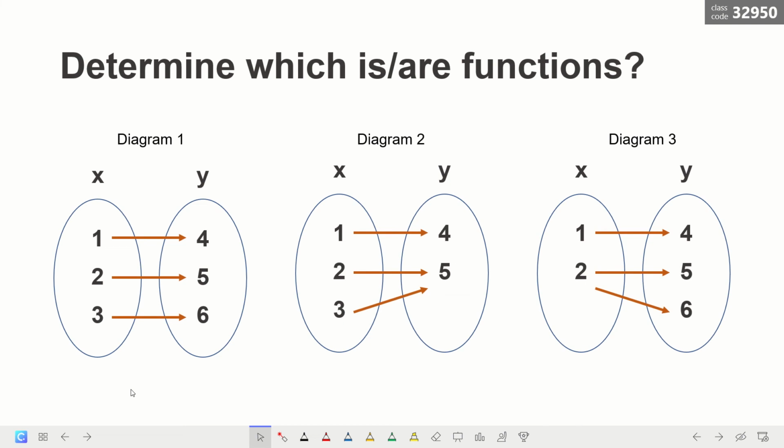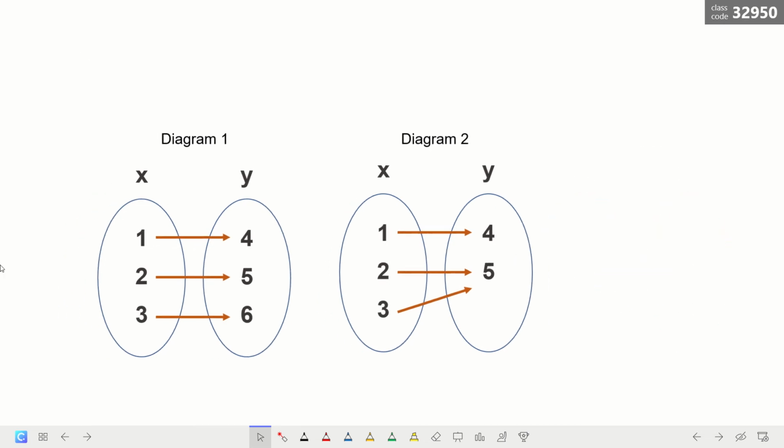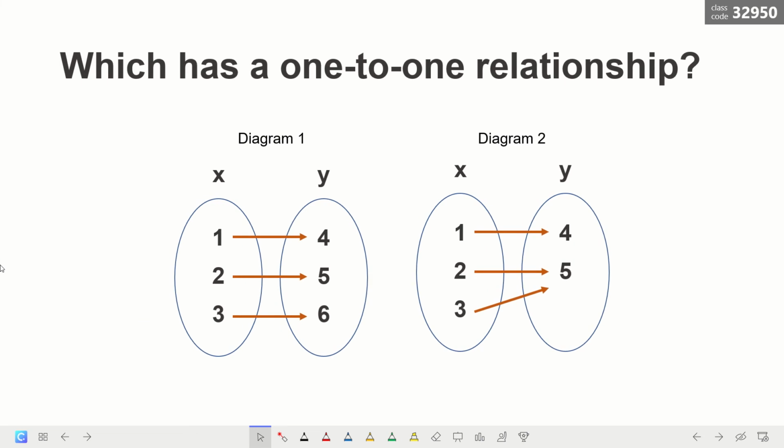So let us first go back to our mapping diagrams and try to determine which of the given diagrams represent a function. From the definition of the different correspondences, we know that only diagrams 1 and 2 can be classified as a function.